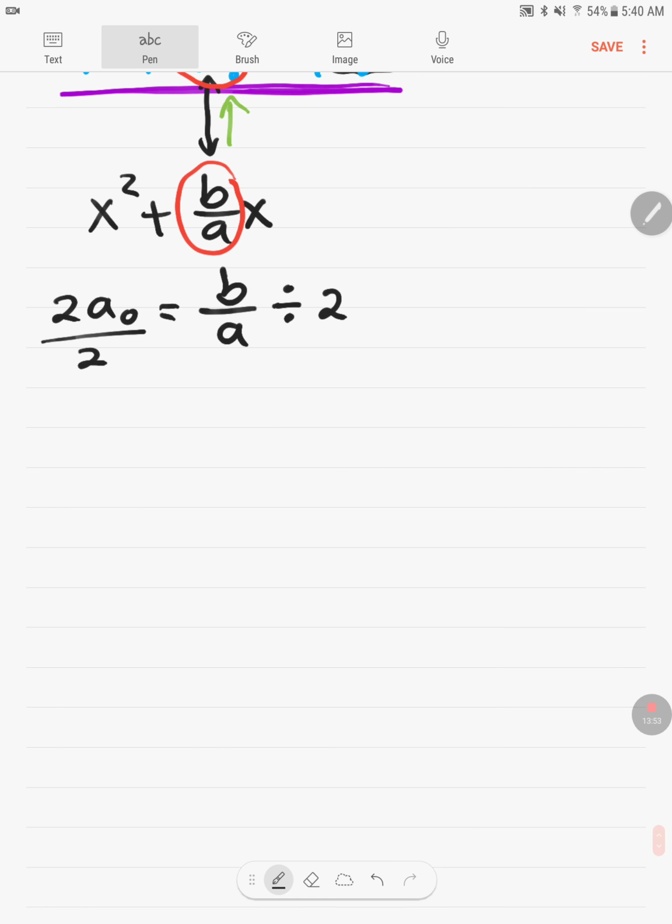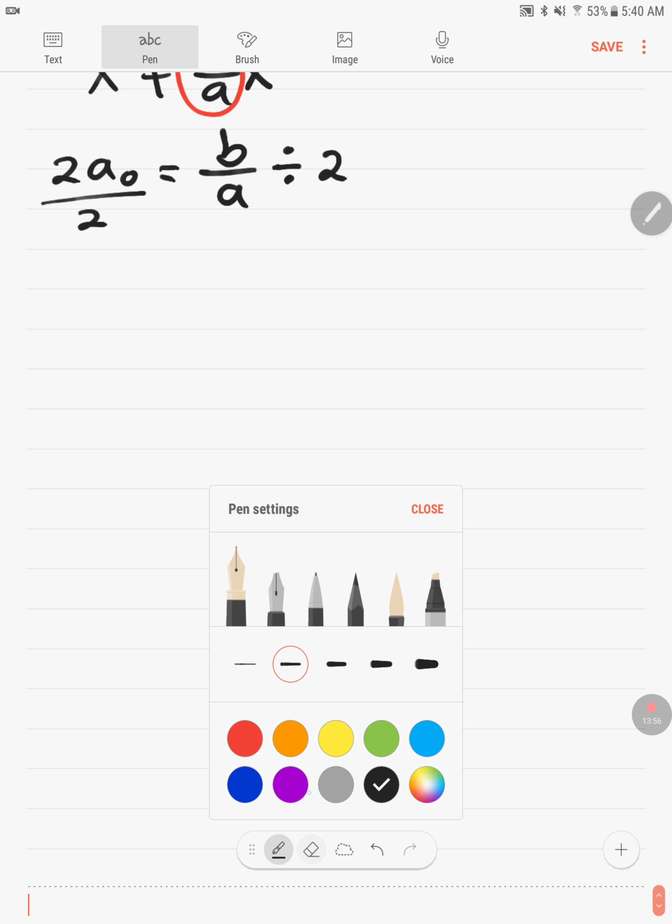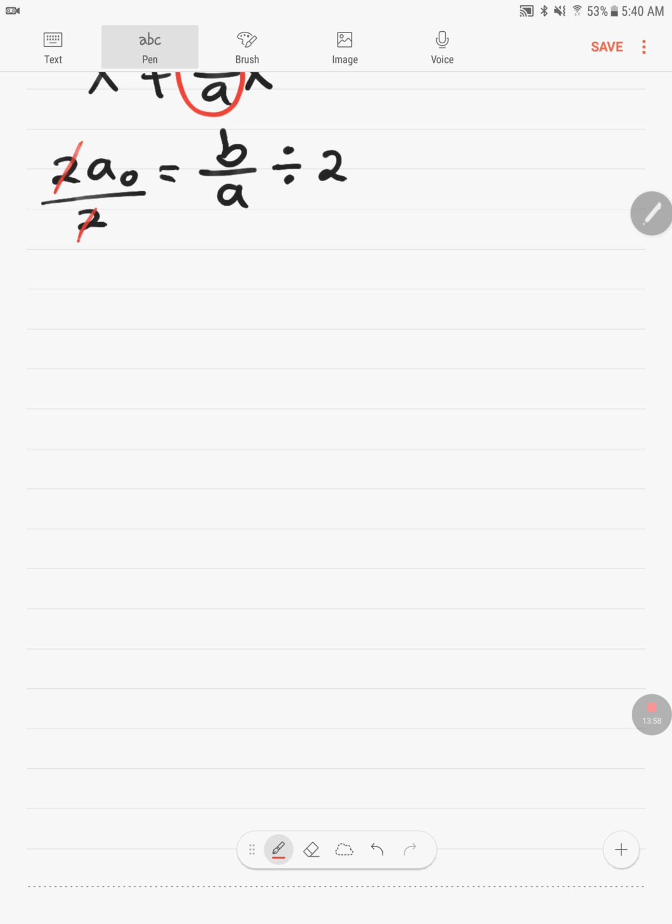So we see that a0 is equal to b over a divided by 2 over 1. So it's division of two fractions. So we turn it into multiplication by 1 over 2. We flip this last fraction and it will be b over 2a. So this will be a0.